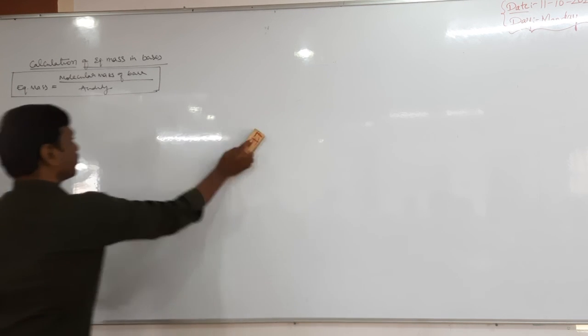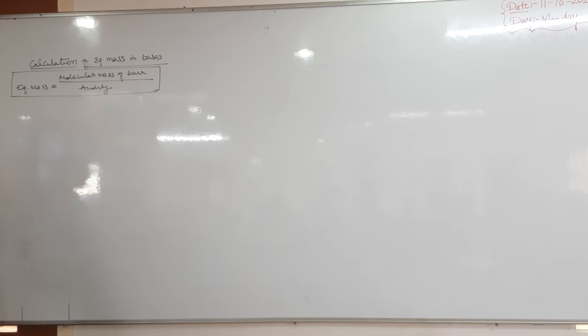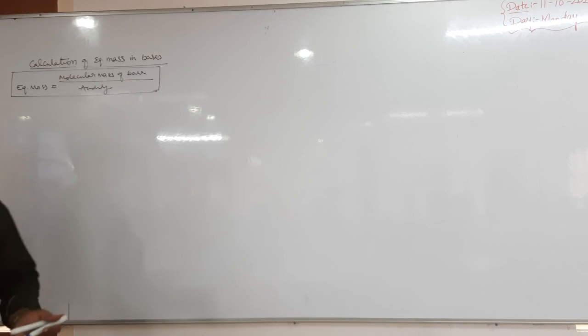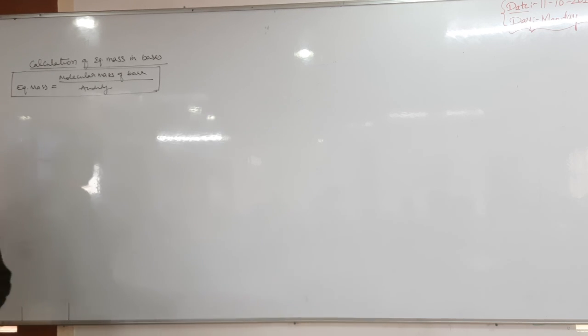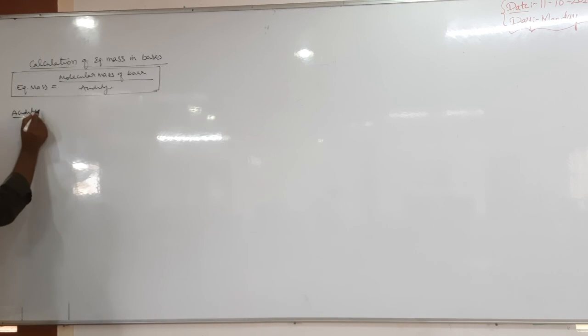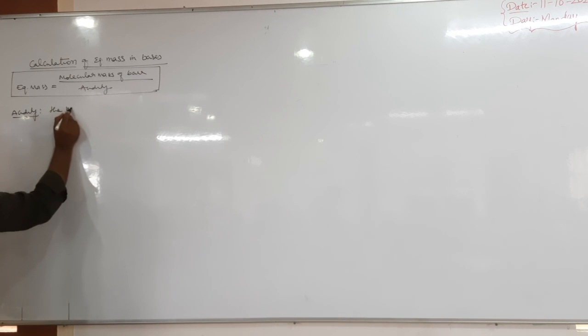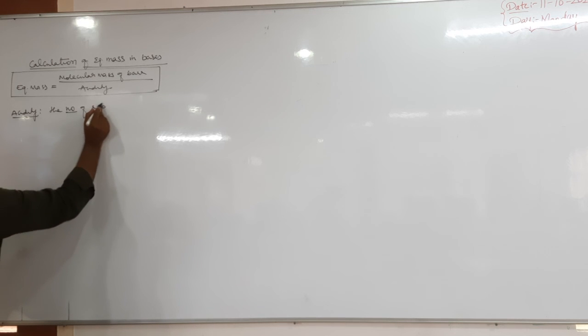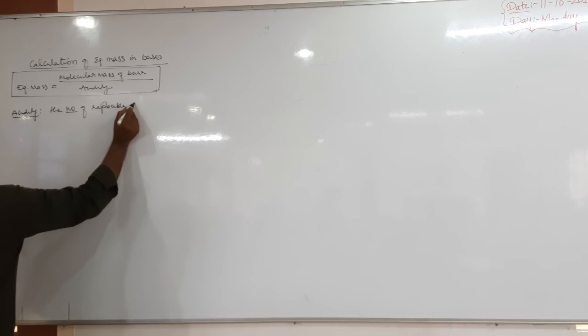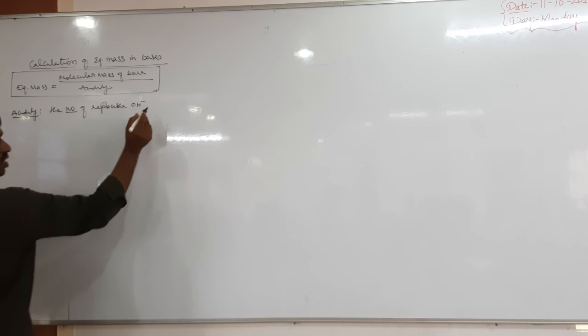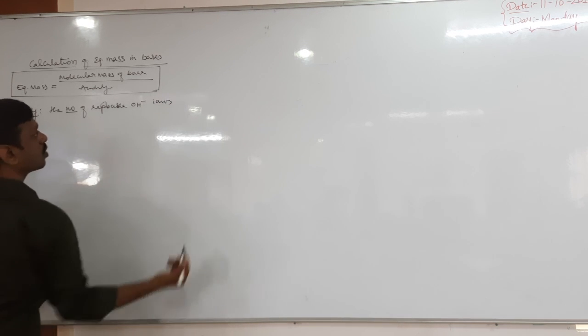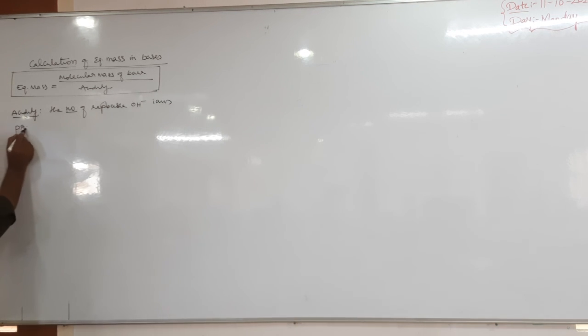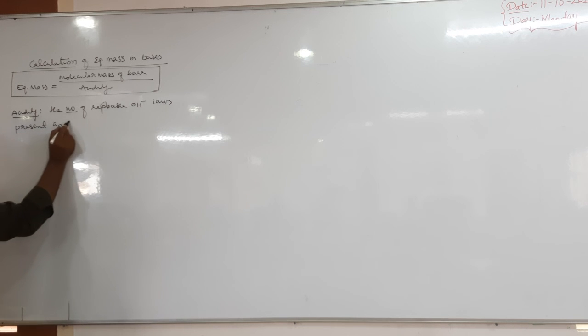Take down. Where acidity is the number of replaceable OH minus ions present in base, called acidity.